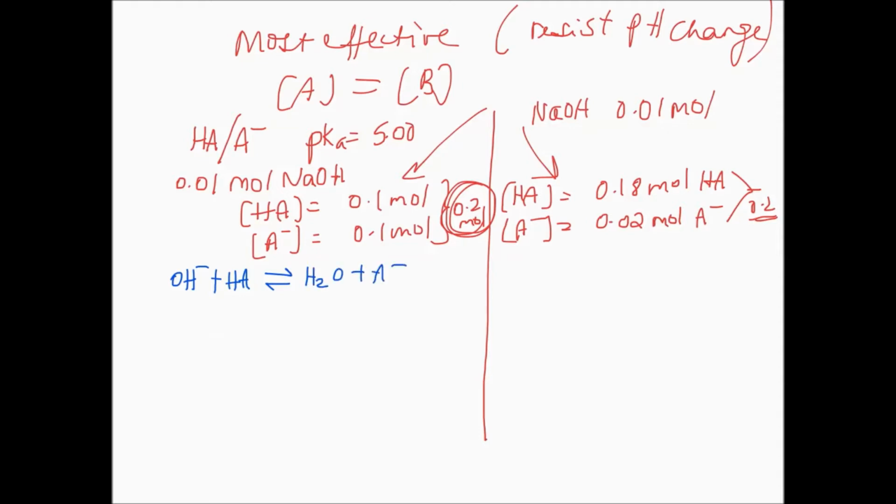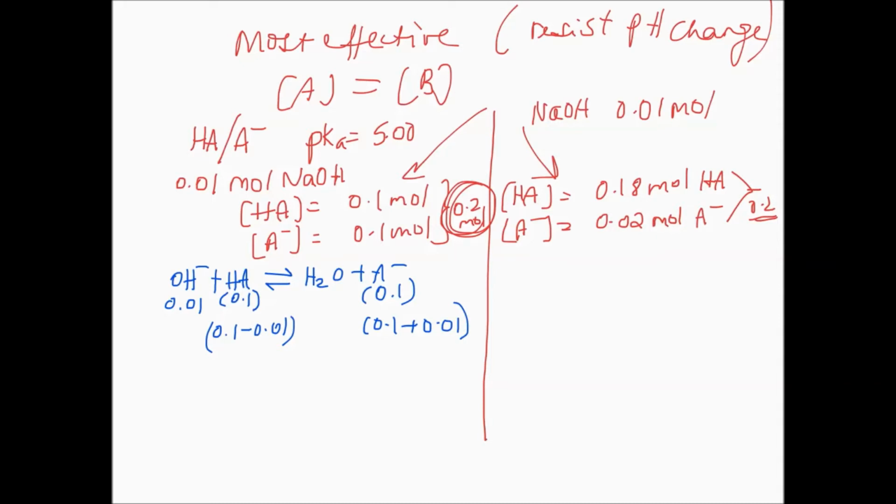And if somebody asks you to what extent this reaction would take place, you would say you only have 0.01 of the hydroxide, and so after the neutralization has occurred, since you originally had 0.1, what's going to remain is 0.1 minus 0.01. And what's going to become of the A minus, since you started with 0.1, is that you're going to end up with 0.1 plus 0.01.